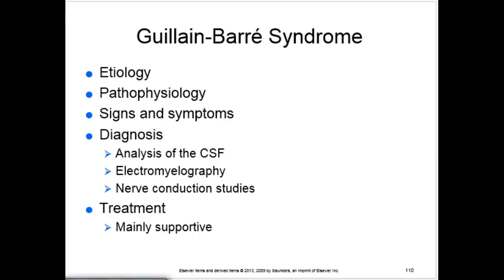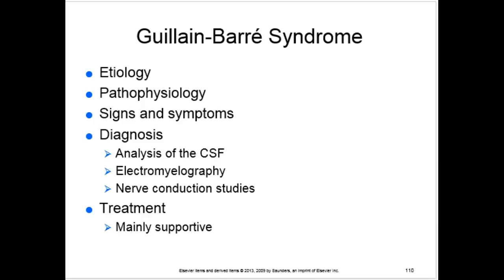Now let's look at Guillain-Barré syndrome. Guillain-Barré syndrome is a relatively rare disease that affects the peripheral nervous system, especially the spinal nerves outside the spinal cord. The cause of GBS is not known, but it usually follows a viral respiratory infection or gastroenteritis in adults within 10 to 21 days.